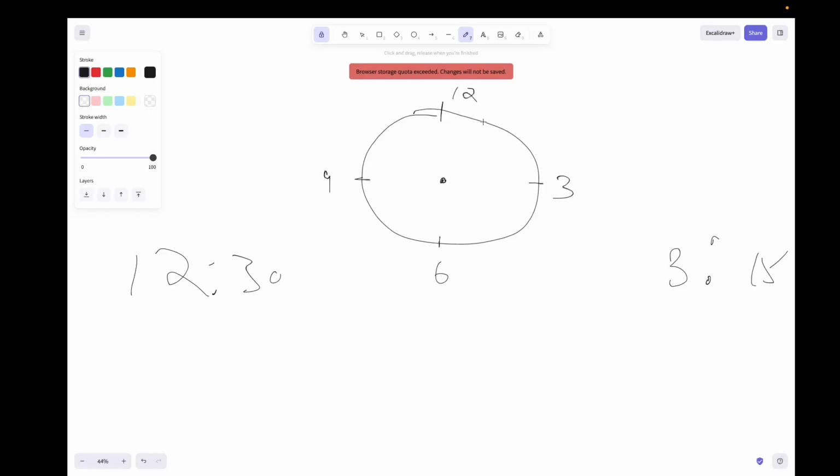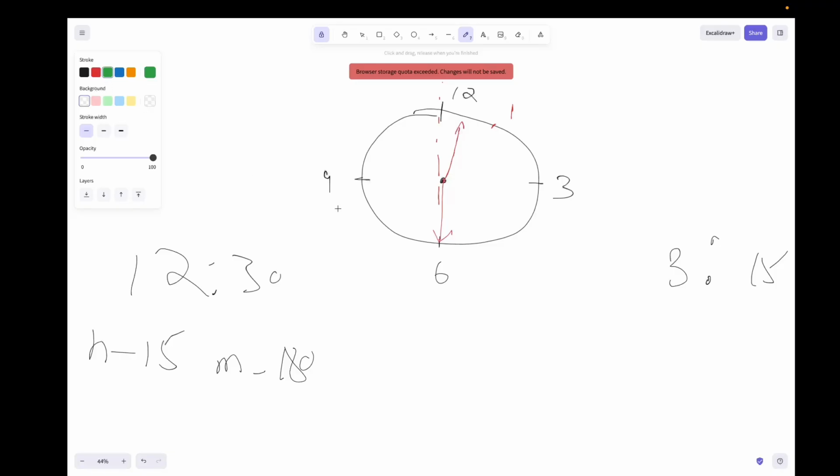From what I understand, at 30 minutes the hour hand would go half of that, 15 degrees, and the minute hand would go 6 times, at 180. So let me do it in red. This is 1 o'clock, but the hour hand will go right here, and the minute hand is at 180. This is right here, right?